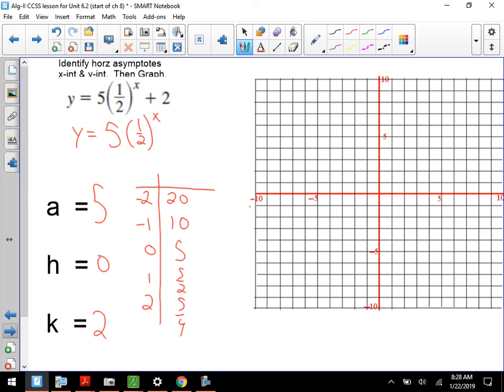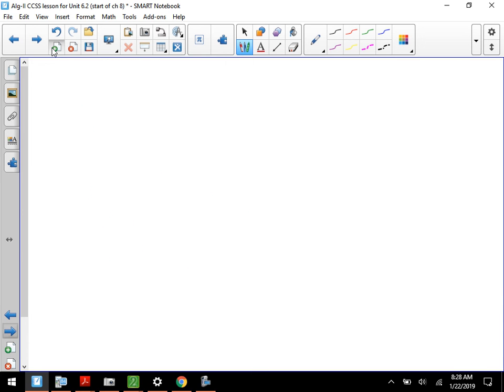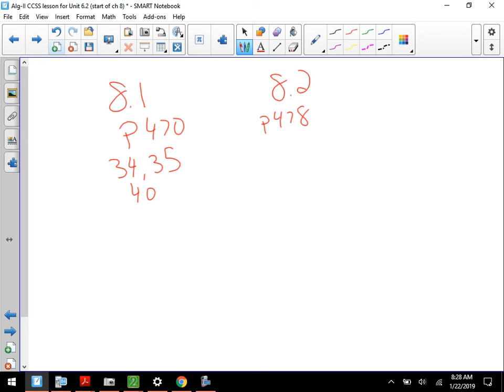So there's 2 sections in the text here. On 8.1, let's do, we'll try those 6.